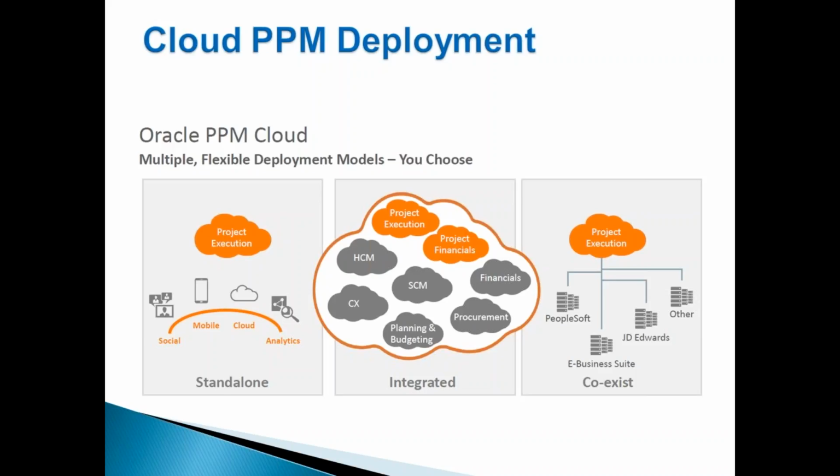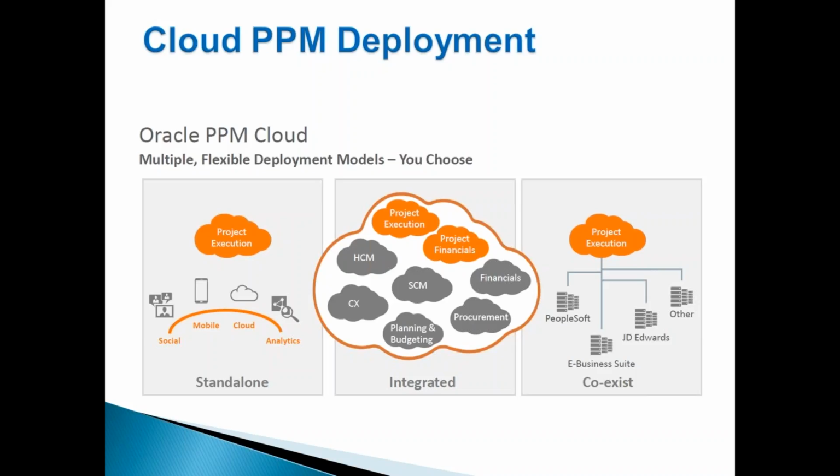Thanks. And then just a point on the project financials within the integrated model. You have project financials, which presumably is the costing and billing of the project. And you're saying that you can include that, or you can still use the financials that are outside of project financials.